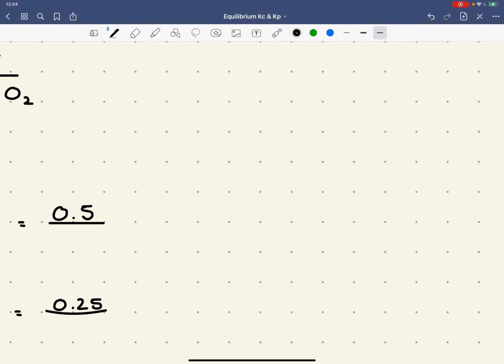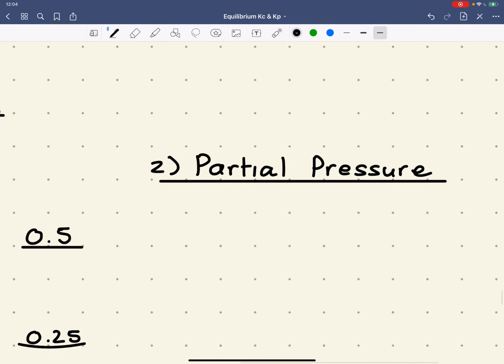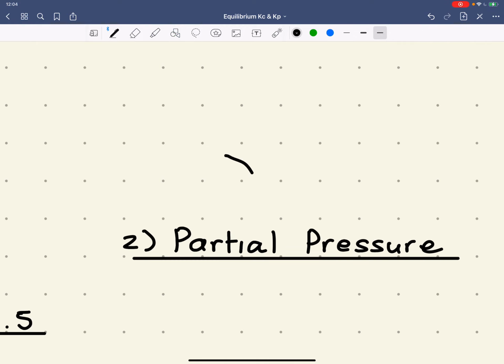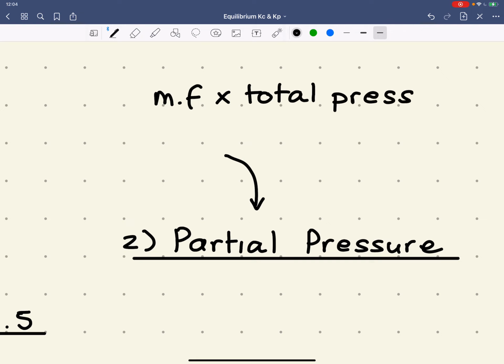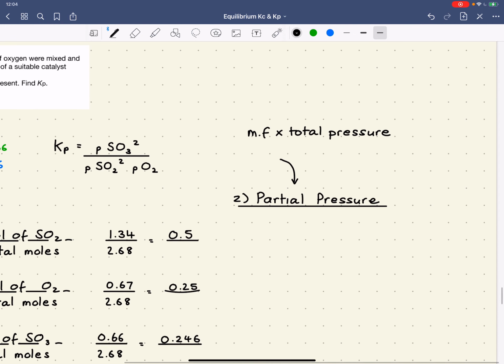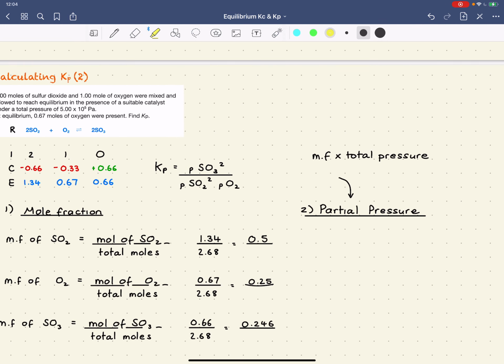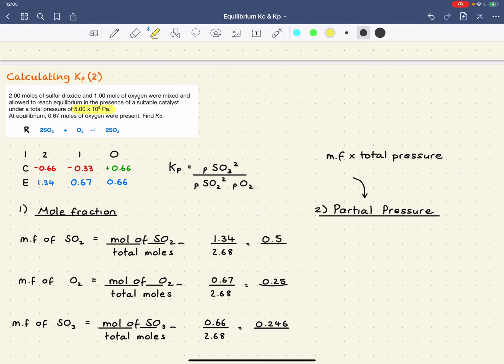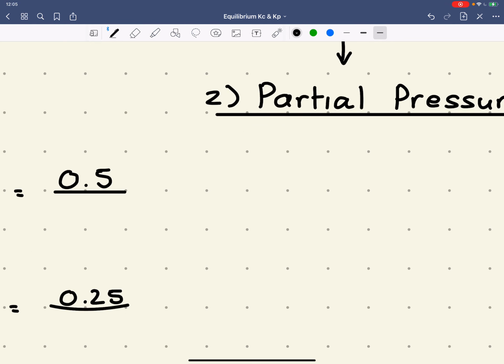We then have to work out partial pressures, and we should be able to remember from the previous video what partial pressure is. Partial pressure, remember, is mole fraction times total pressure. We've been given in the question the total pressure, so we multiply each of these by 5 times 10 to the 5.